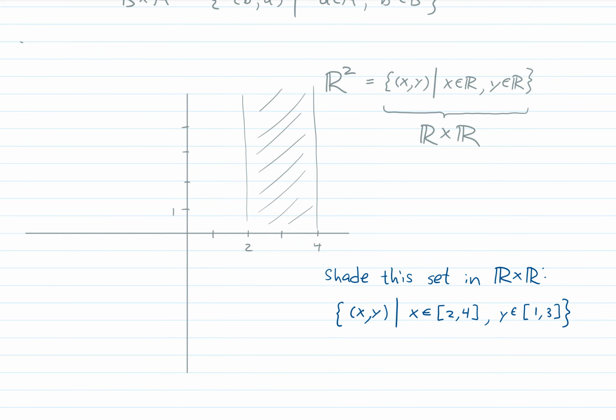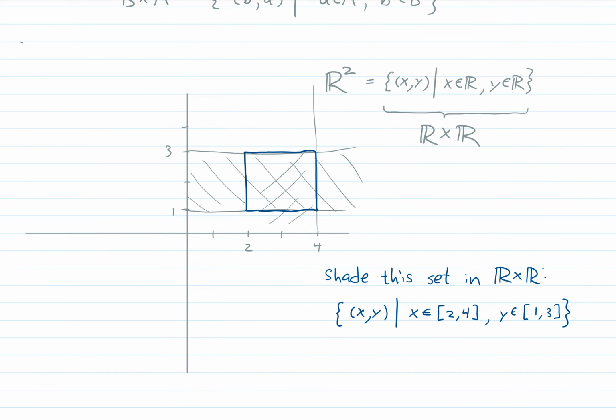Y is between or equal to 1 to 3. So what do we get when we put those together? We get a rectangle, don't we? Which is actually a square. Okay.